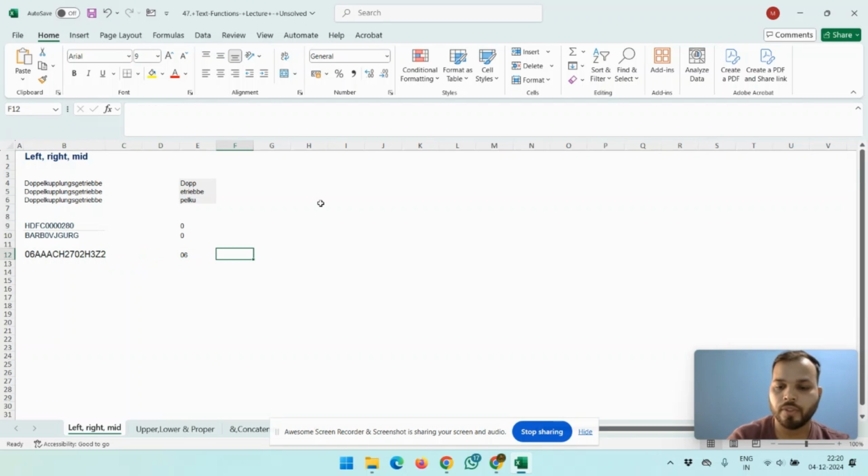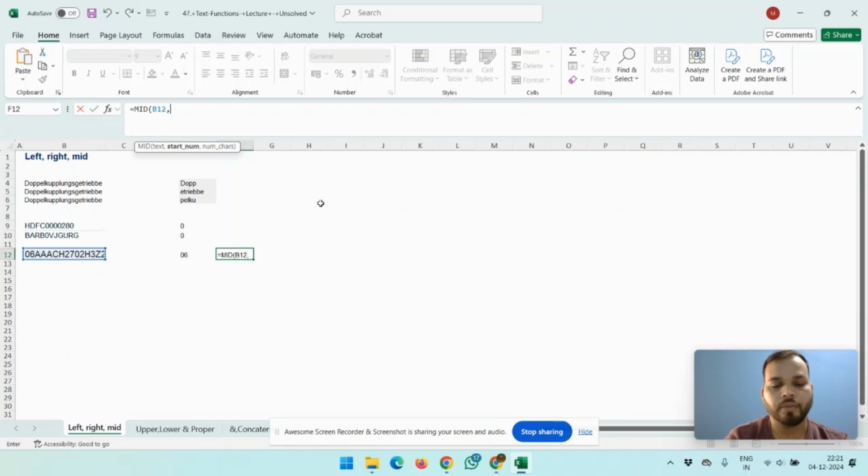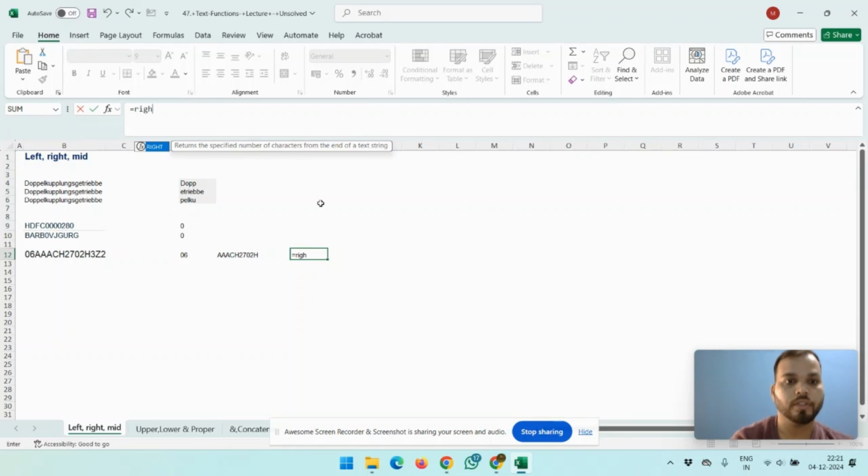Now we want to know the PAN card of HDFC. So we start with the mid formula here, comma. We want to start from the third till 10. Okay, so we got the PAN card, and the next last three digits are anything else.